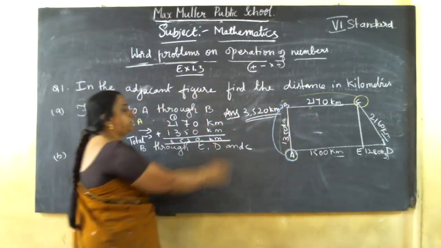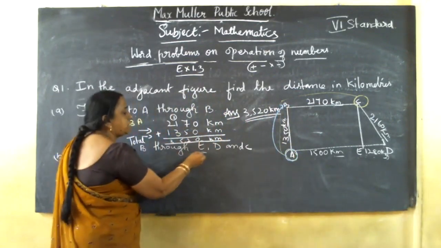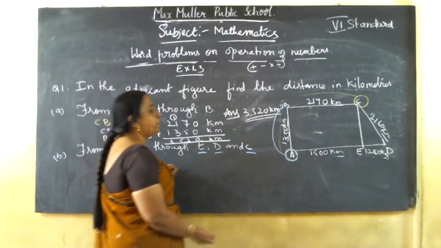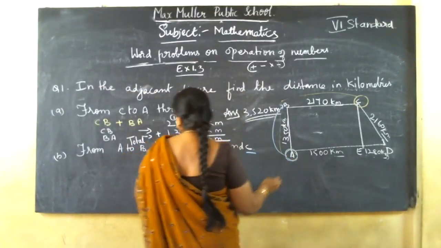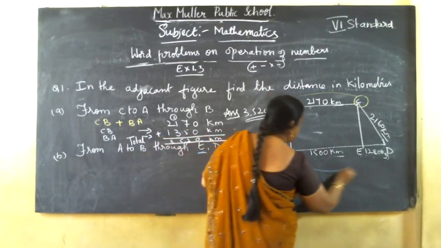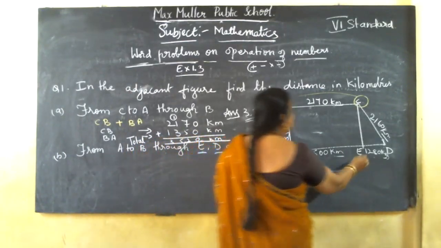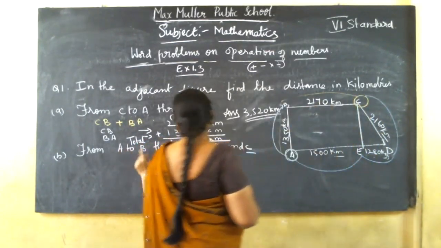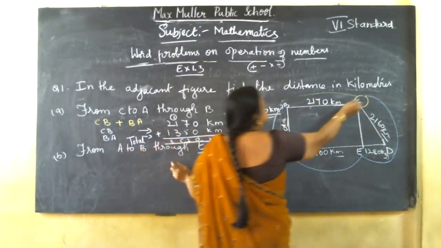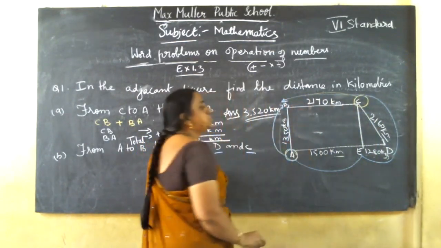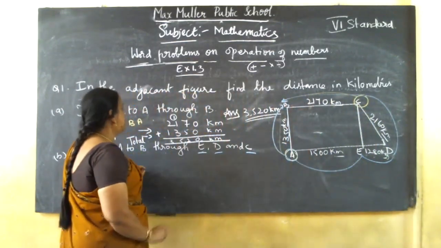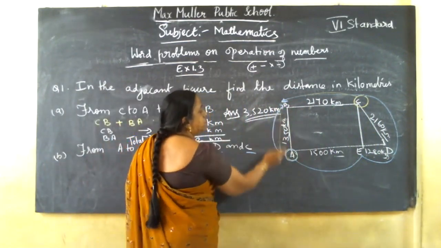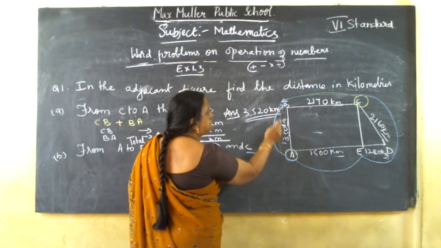Not directly A to B. You should go through E, D and C. So starting point A. First you should go A to E, then E to D, then D to C, then you should come to B. You can't go A to B like this. If you go like this, you will get 1350 kilometers.